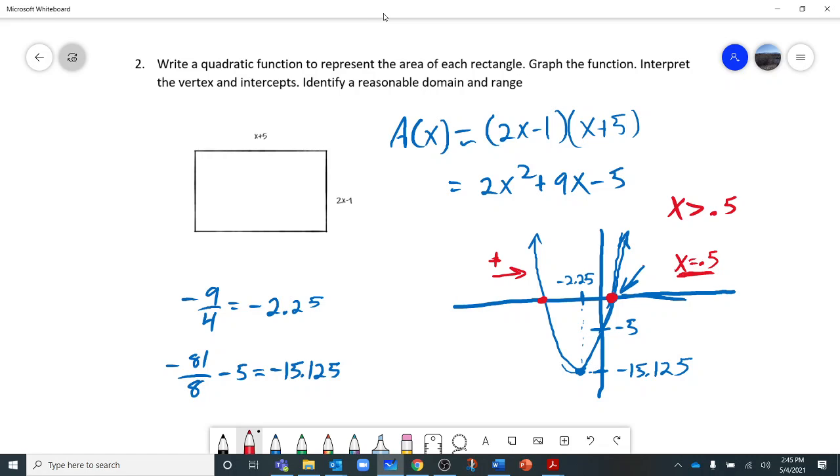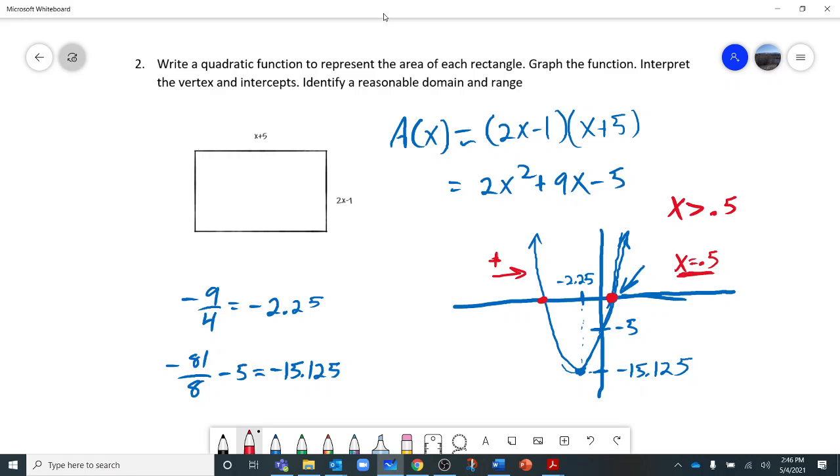Okay, anything less than 0.5 or even 0.5 gives us an area of 0. That doesn't make a whole lot of sense. Anything greater than 0.5 will give us some area. Okay, the bigger it gets after that, the greater our area becomes.